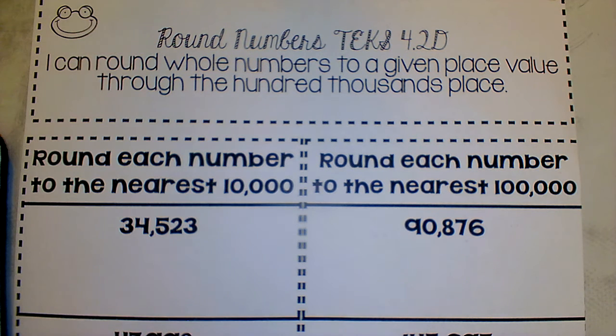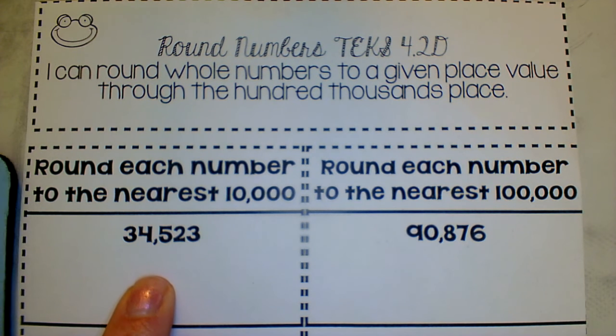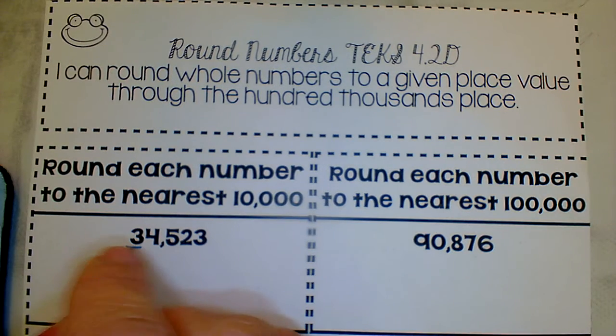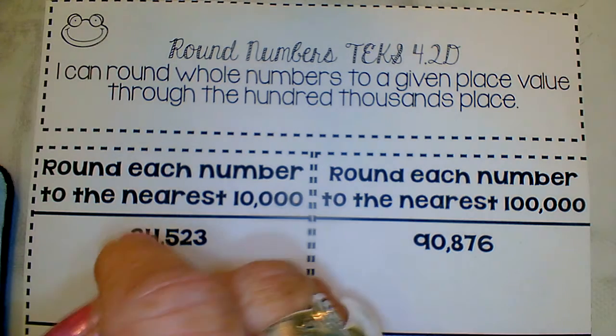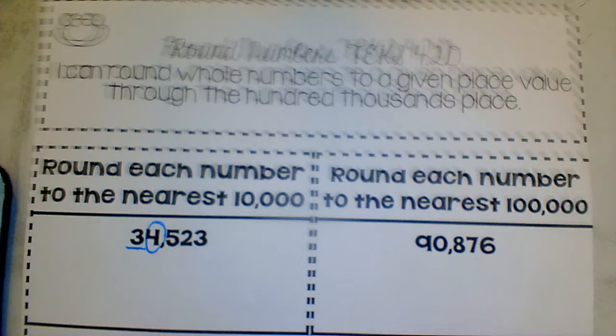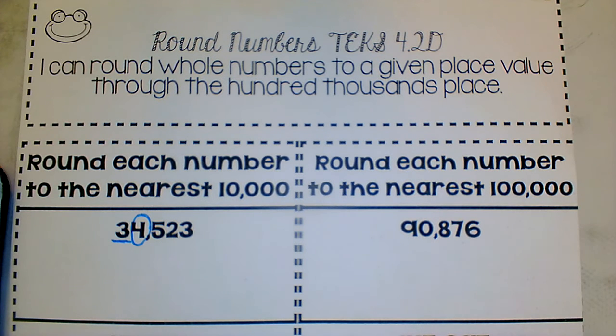What number is that on this first example? 34,523. Okay, what digit is in the 10,000th place in this example? 3. Okay. So we are going to underline the 3, and we are going to circle the digit to the right of it. Underline the 3 and circle the digit to the right of it.